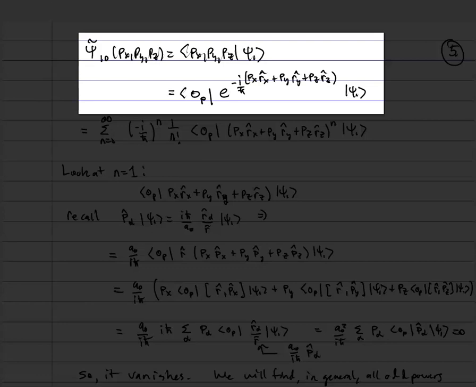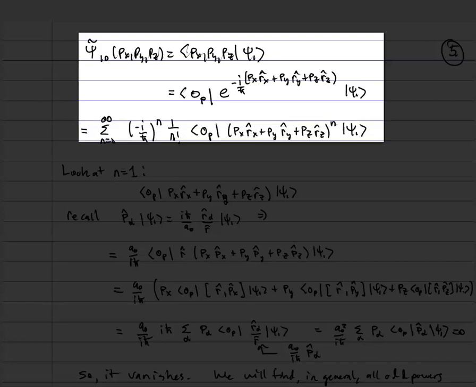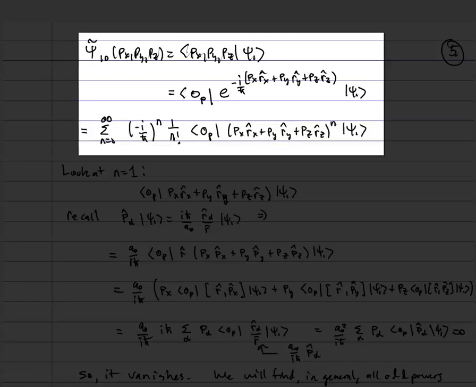And we're going to now expand that exponential in a power series. So I now have to calculate this operator, origin of momentum space bra, px, which is a number, rx operator, plus py number, ry operator, plus pz number, rz operator, raised to the nth power.